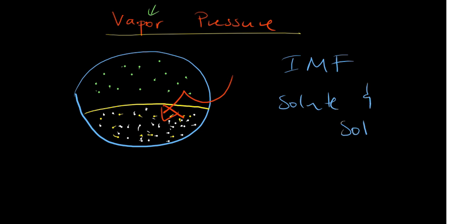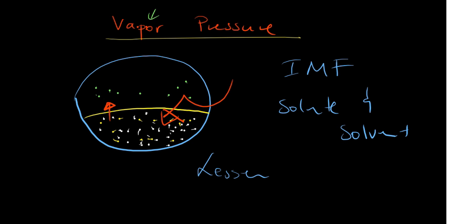So there are going to be attractions between the solvent and the solute particles that we are adding. That will cause less of the solvent to become vapor, meaning there will be less vapor. It is not easy for the solvent particles to get into the gaseous form, so less of it will be there. That will reduce the vapor pressure of that solvent.